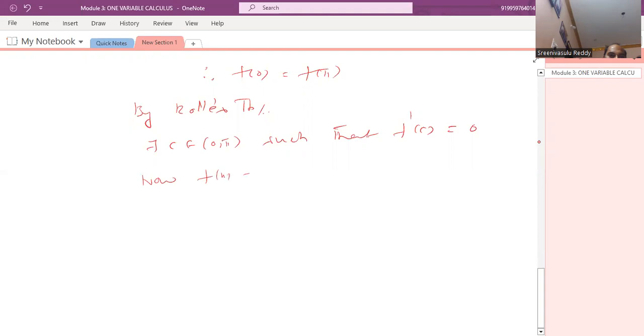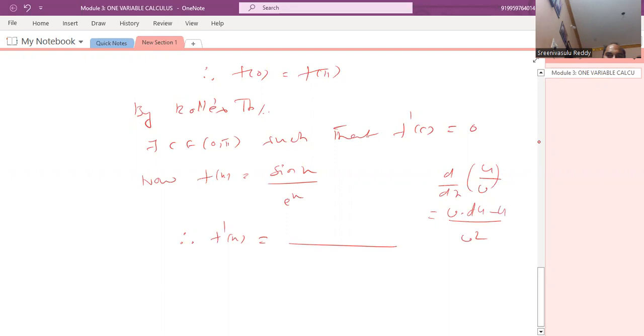So now f of x value is sin x by e power x. Therefore, as per the derivative principle, f dash x is in u by v form. I think most of you are from a mathematics background, data science students. D by dx of u by v equals denominator into derivative of numerator minus numerator into derivative of denominator, all divided by denominator square.